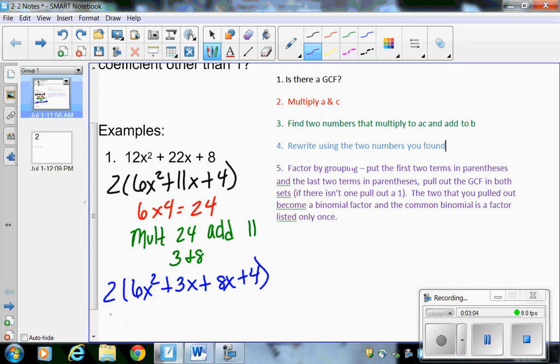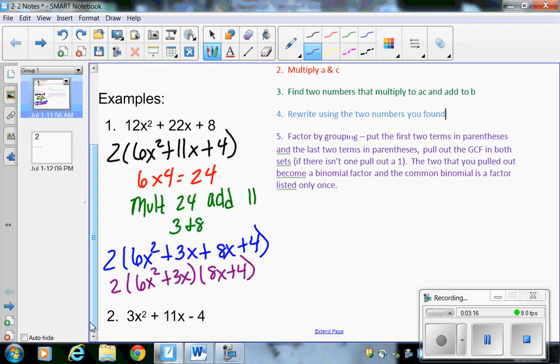So I'm basically just going to rewrite this by putting the first two in parentheses and the last two in parentheses. Now, don't forget that that 2 is still there, so it's really going to have that extra set of parentheses in there.